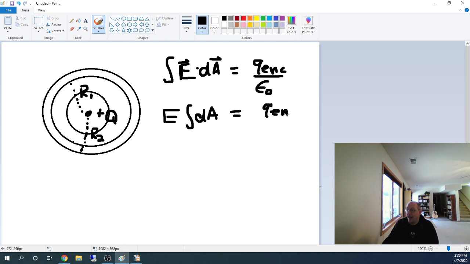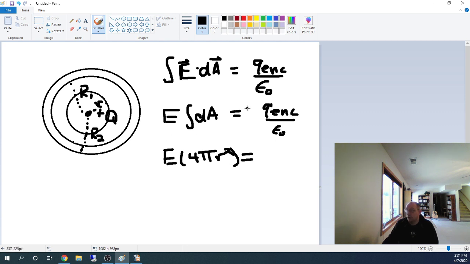The integral of dA is just the area. If the radius of our Gaussian surface is little r, then E times 4 pi r squared is equal to the electric flux.